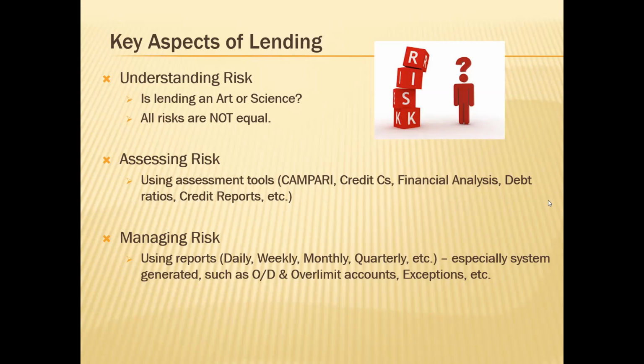Again, we won't look at that in this course, although there's a chapter on it. Debt ratios, credit reports, etc. Managing risk using reports. We talked a little bit about some of our daily, weekly, monthly, quarterly reports, especially the system-generated ones, such as our overdraft and overlimit accounts, exception reports, etc. And that ended that chapter, and that's where we ended the class.